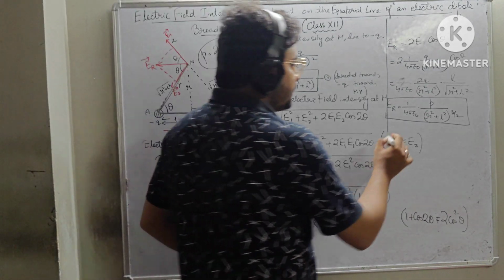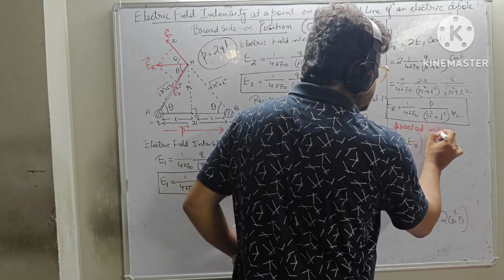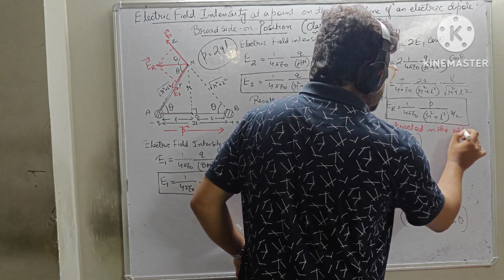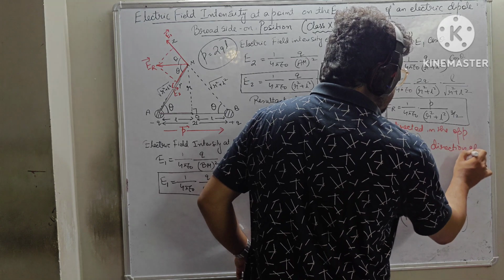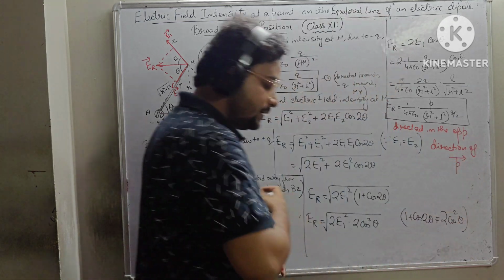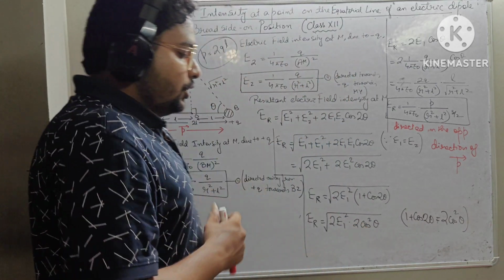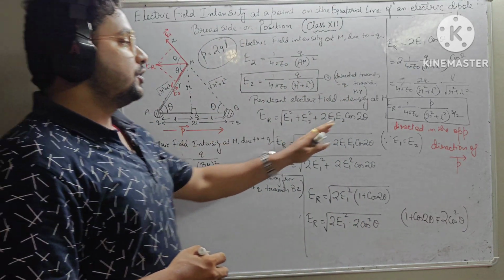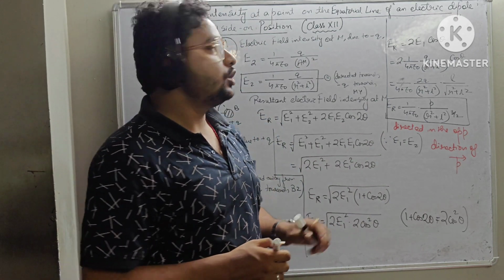So I can write directed in the opposite direction of P vector. So directed in the opposite direction of P vector. Okay, this one I can write. Right? Okay. So this is the formula for the electric field intensity on the equatorial line of a dipole or on the broad side on position.